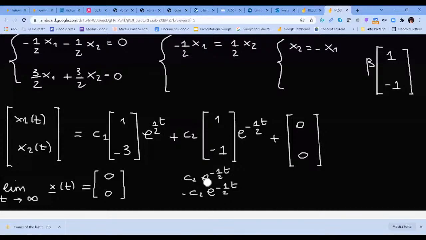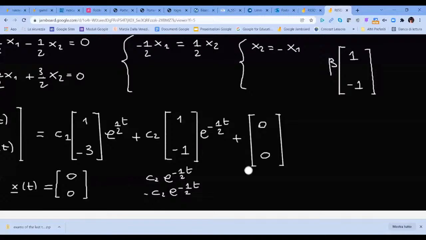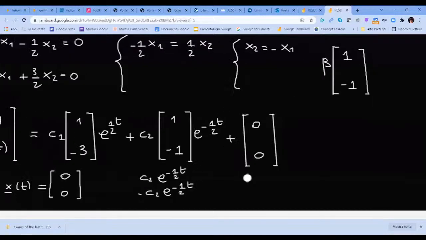C2 can be any value. Let's take an example. Let's say C1 and C2 are 0 and 3. Compute the limit of t approaching plus infinity of 3, vector-wise, of this one.